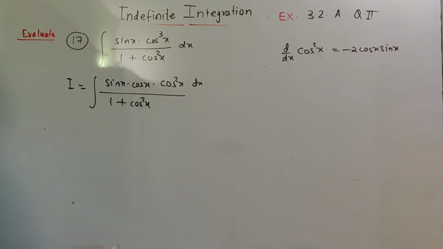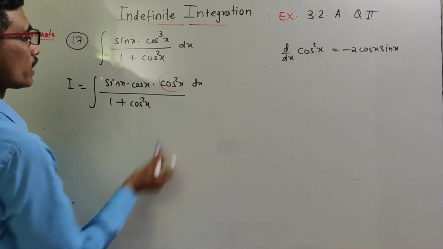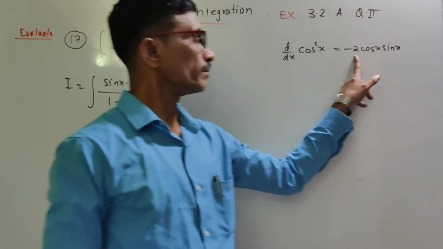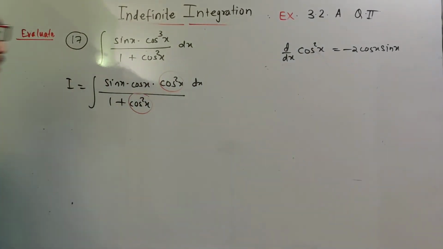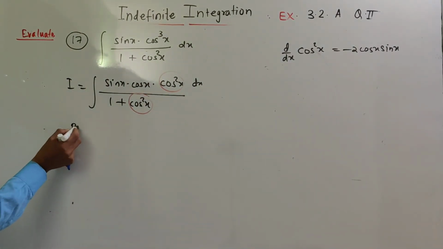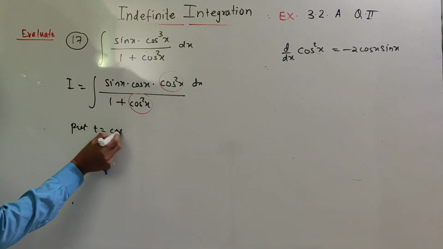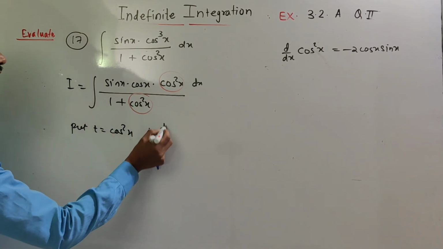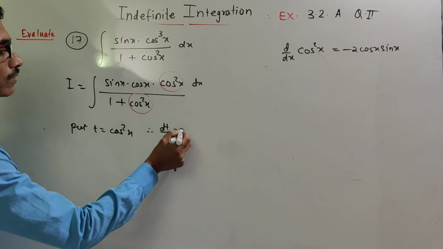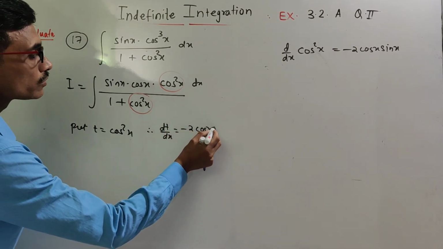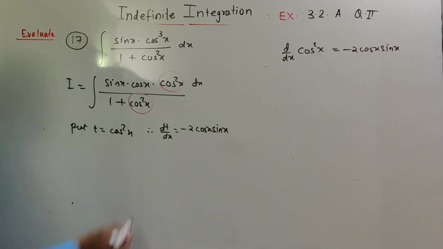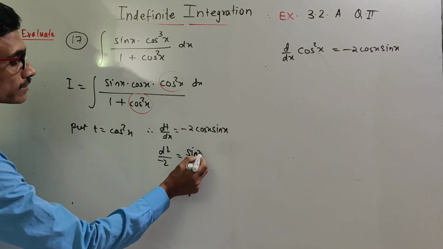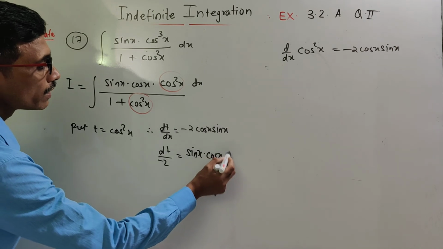Now this cos square x we can substitute as t, so that derivative of that will be minus 2 sin x cos x. So we put t is equal to cos square x. Therefore dt by dx is equal to minus 2 cos x into sin x, and dt upon minus 2 is equal to sin x into cos x into dx.